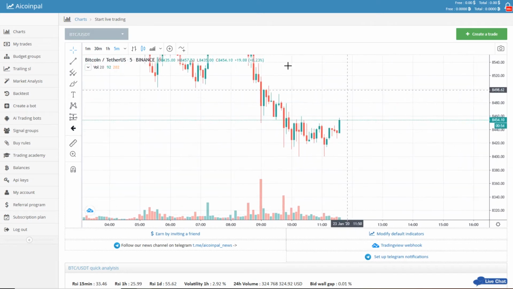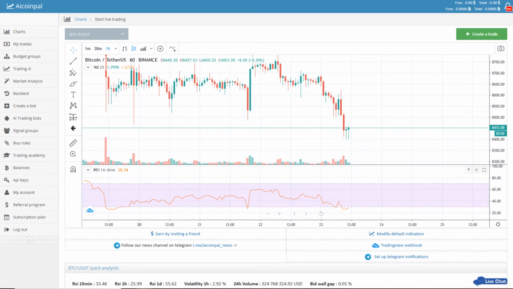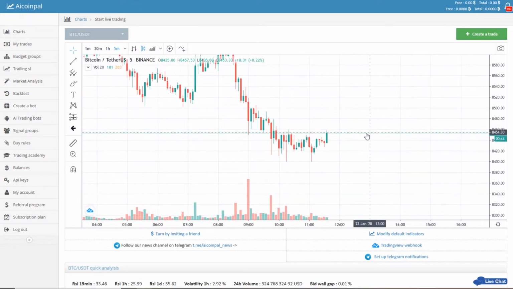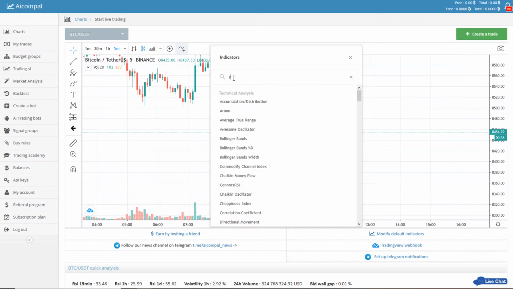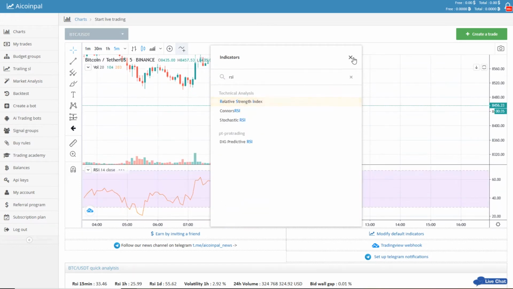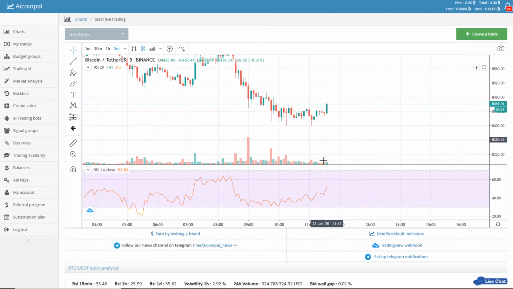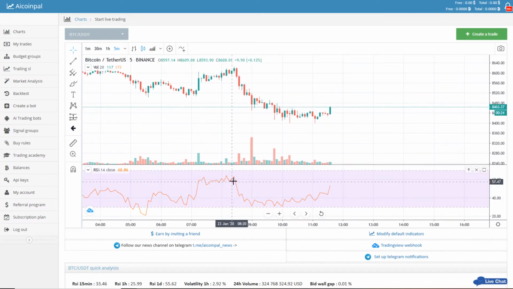As you can see, the hourly chart is getting better on the RSI, but the 5-minute chart looks like the RSI is not low anymore. Let's open the indicators, RSI again. It was low around here, but it's not low anymore on the 5-minute chart.